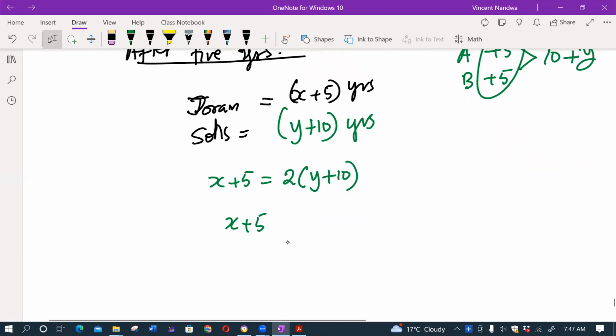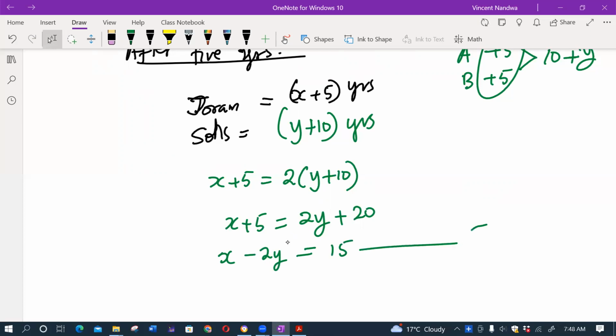X plus 5 equals 2Y plus 20, so X minus 2Y equals 15. Call this one equation 2. Then solve 1 and 2 simultaneously.